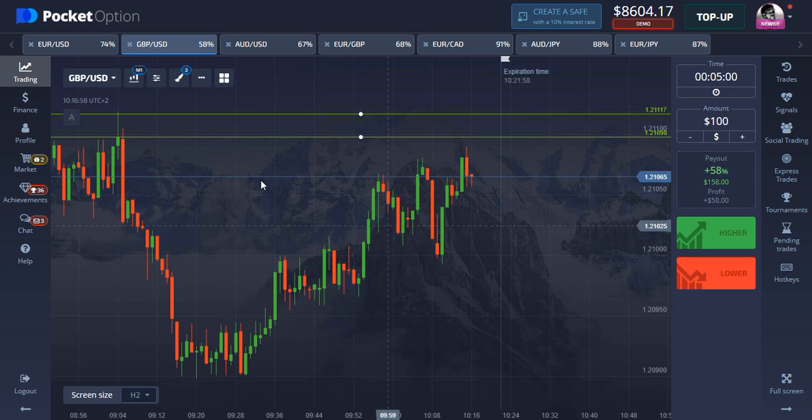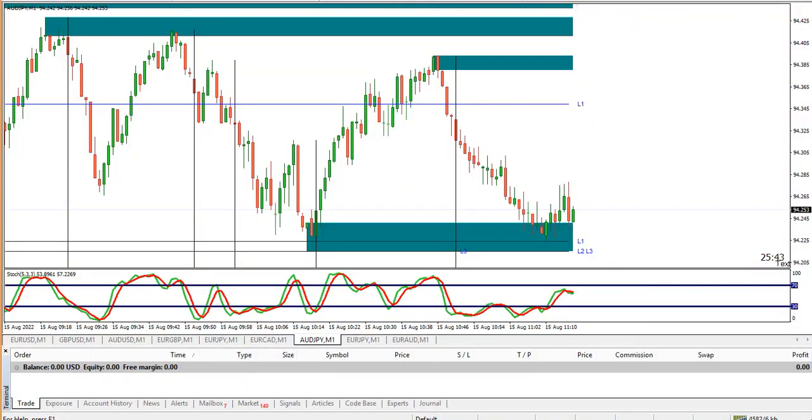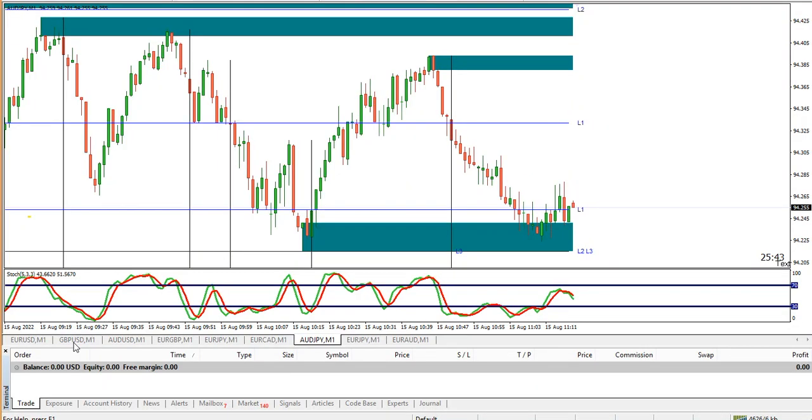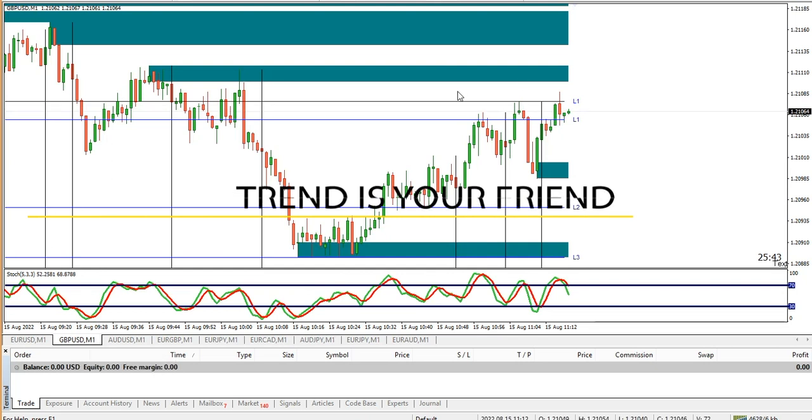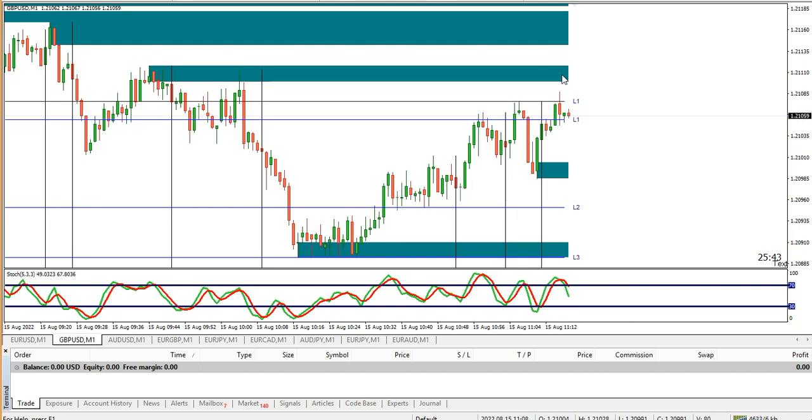So let's say this market gets here, it's a good one. Great Britain USD. You see, it's trying to get there. The market touches there, and you have your stochastic green line crossing the red line. You take the trade, but this has not met our condition, so we're not taking it right here.